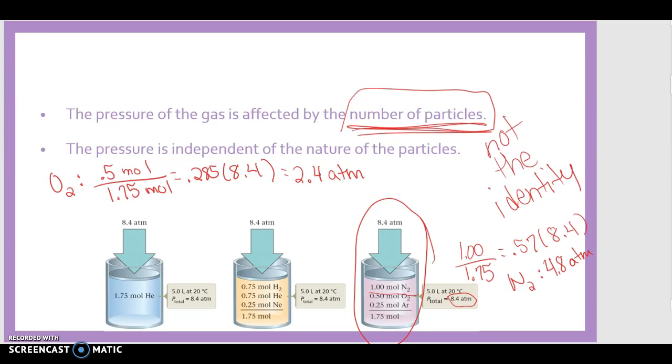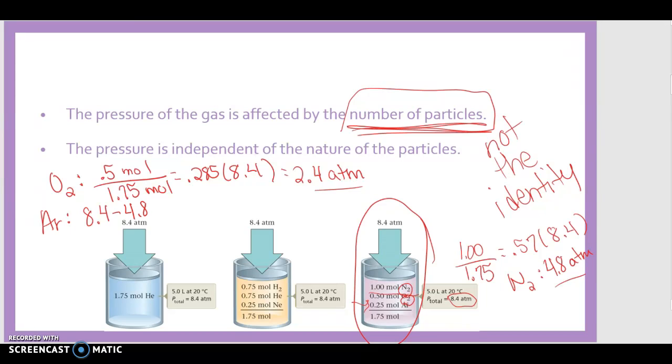Then I could figure out the argon two different ways. I could either do 8.4, the total pressure, minus our nitrogen and oxygen pressures that we already know, because the remaining is due to the argon.